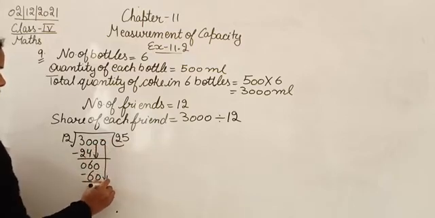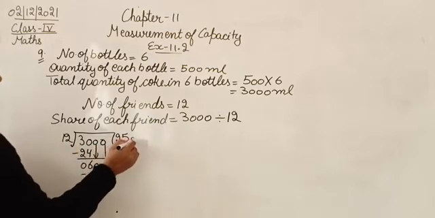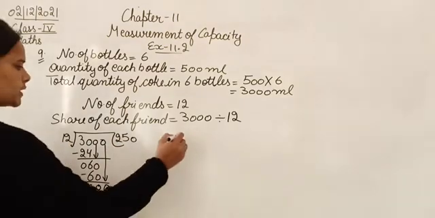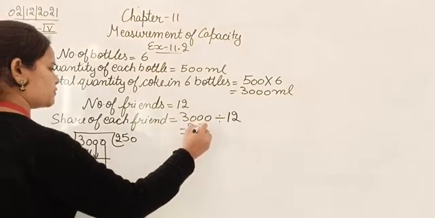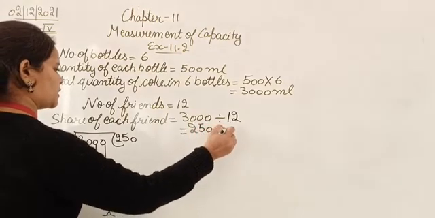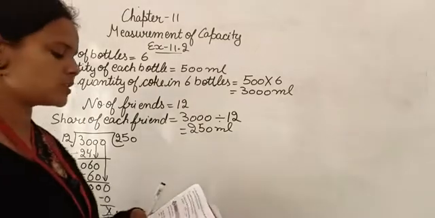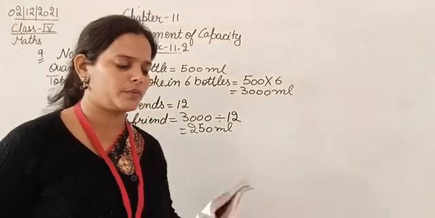Bring down next 0. 12 zeros are 0. Nothing. So that is 250 ml. So this is the quantity of cold drink that is being drunk by each friend. The question was how much Coke did each of them drink.